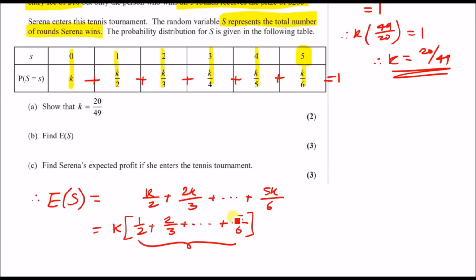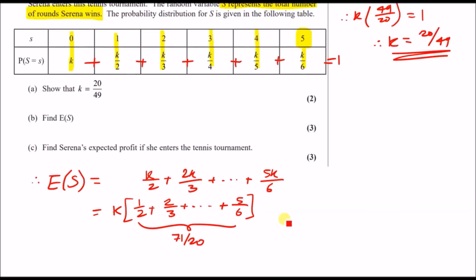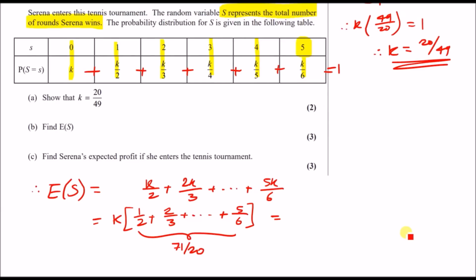That just turns out to be 71 over 20. Now, your final result is simply K times 71 over 20. Well, we know what K is. It's 20 over 49. So just 20 over 49 times 71 over 20. The 20s cancel out, you get 71 over 49. Yeah, you could leave it as a decimal, but it has to be 3 significant figures then.